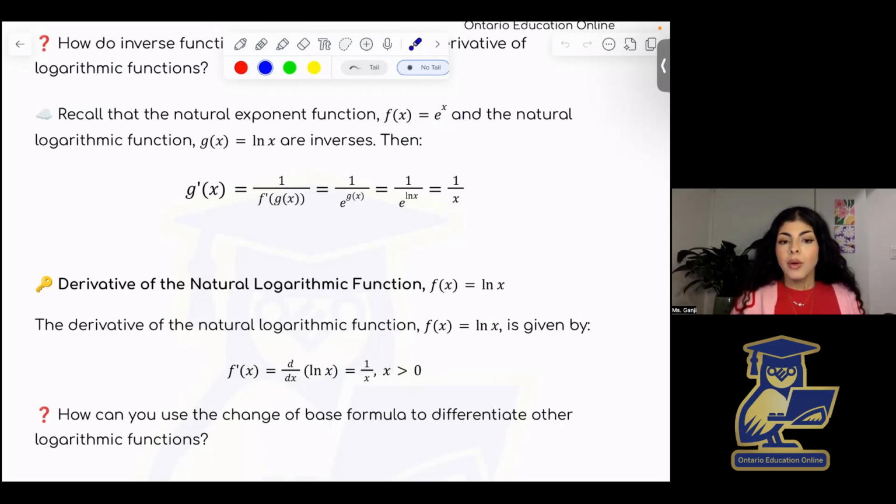Now, we saw this for the natural logarithmic function, and I want you to think how we can extend this to any logarithmic function and what the derivative of that would be. And specifically, your hint here is to use the change of base formula.